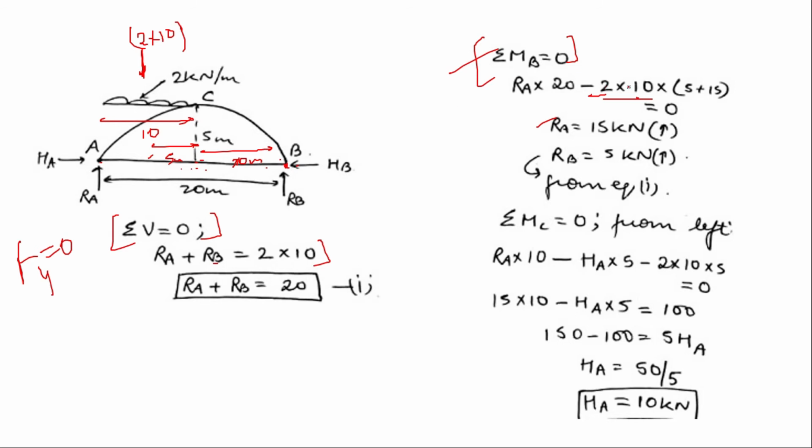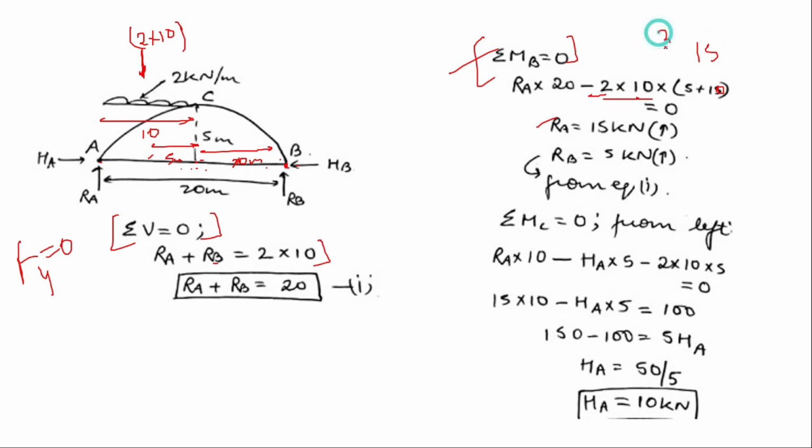So 2 into 10 into 5 plus 10, which is 15. 15 into 10 is 150, 150 into 2 is 300.